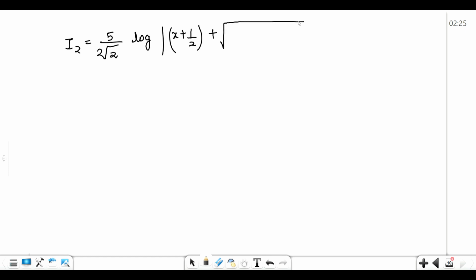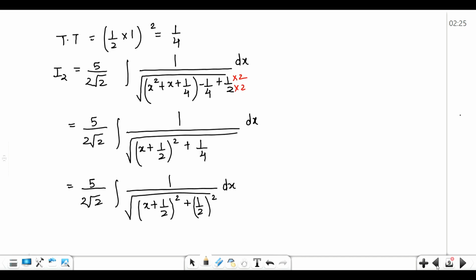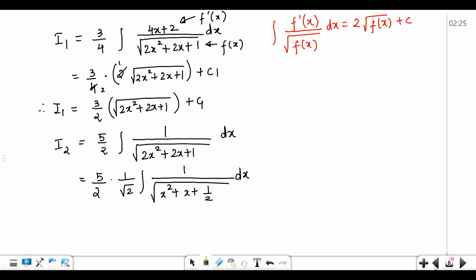So we'll write the same thing, x plus 1 by 2 the whole square minus 1 by 2 the whole square plus c2. Now this will be 5 upon 2 root 2 log x plus 1 by 2 plus. Now you don't have to solve this, you can just see from where we have got this term. We have got this term from this one.